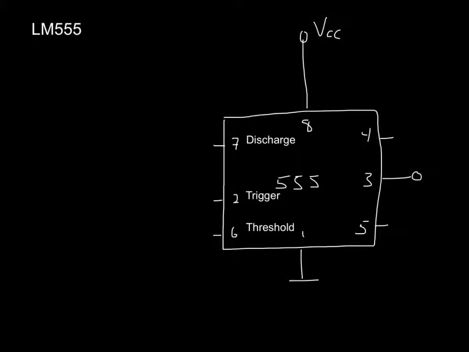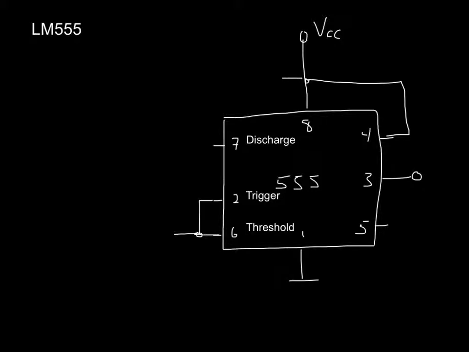So the way we make a timer out of this, first of all, we connect pin 2 and pin 6 together. They'll have the same input. And pin 4 we're not going to worry about, but it should be connected to high, which means we're turning off the ability to set pin 3 by hand. We can only set it through pins 2 and 6.